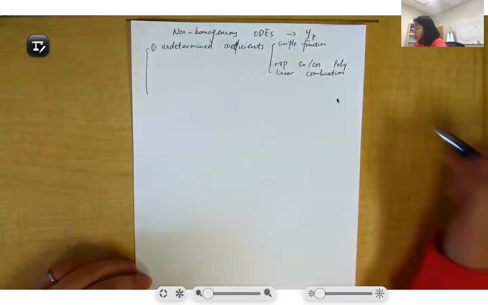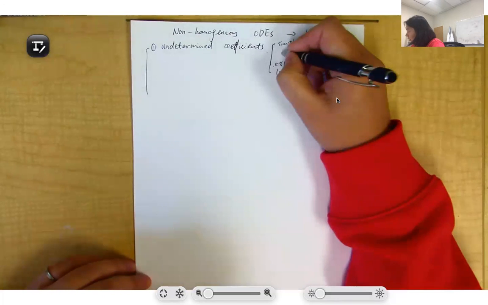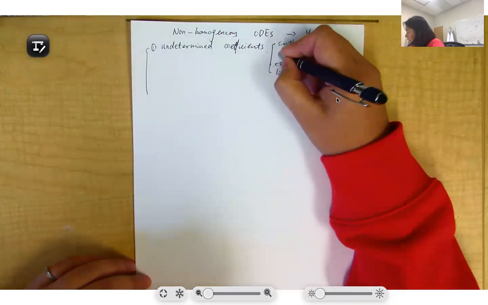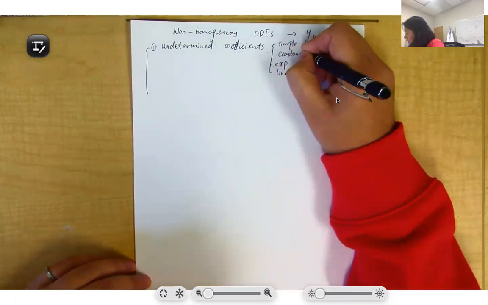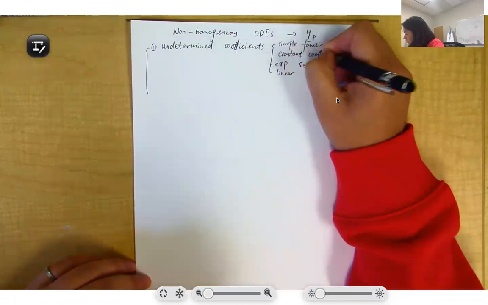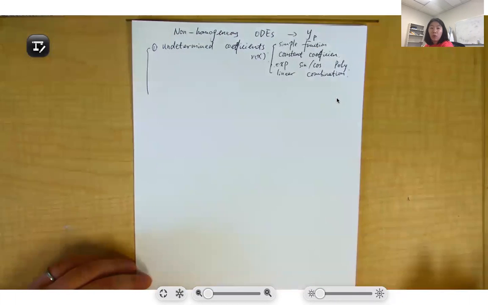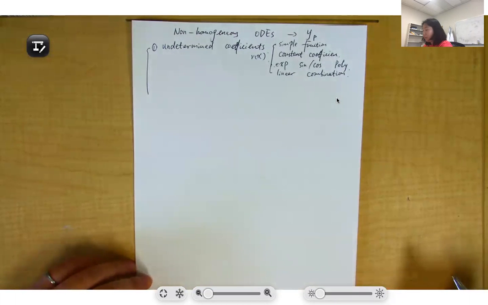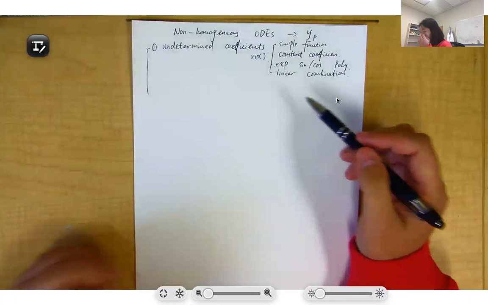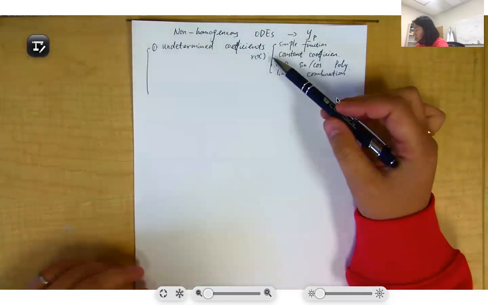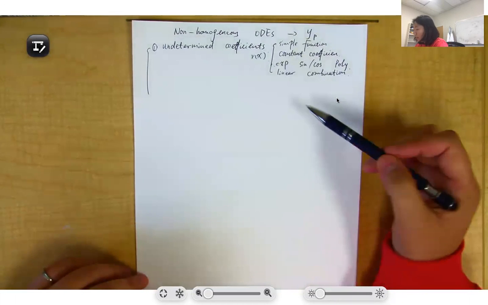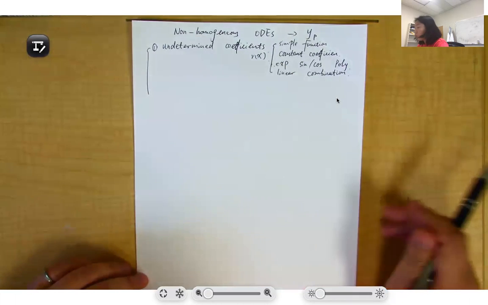And also for this part, the linear combination represents the constant coefficient for the forcing function. Okay, so those are the conditions for the forcing function.